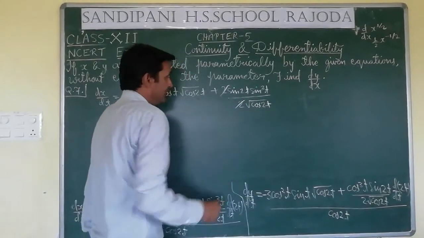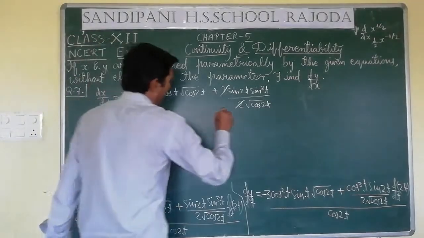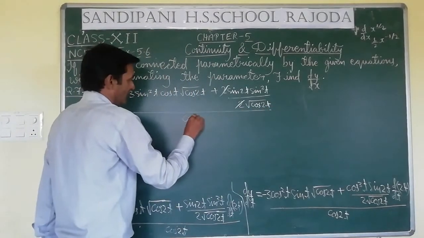So this 2 will be cancelled, and in the denominator it is cos 2t.